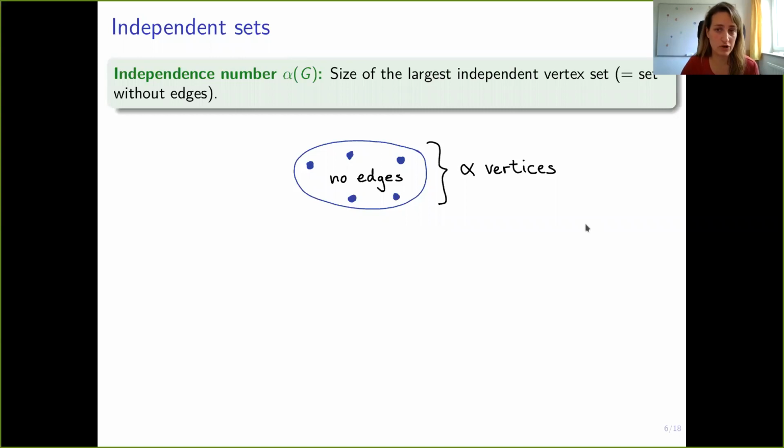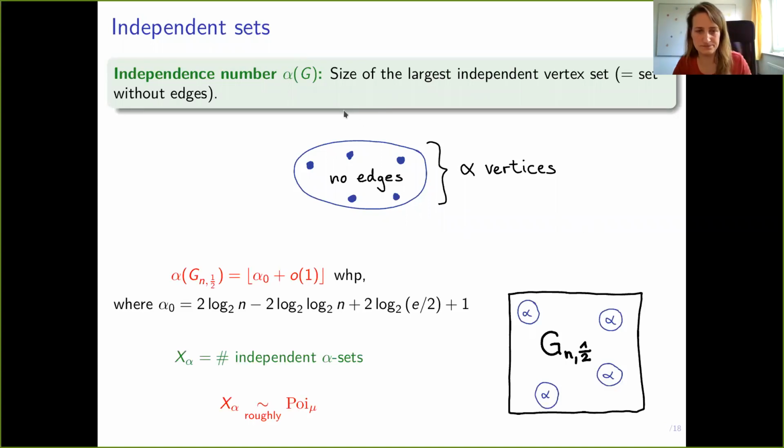Okay, and for our favorite random graph G(n, 1/2), the independence number is basically known. This is an old result from the 70s, I think, by Bollobás and Erdős. You can show using the first and second moment method that the independence number of G(n, 1/2) is basically known exactly.